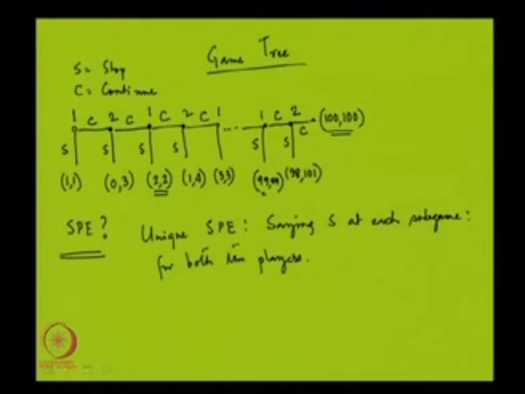So, why should he pass on the game to player 2 where he will get 98? The same reasoning basically takes us back, and it means that the game ends here itself, which means the terminal history is this.